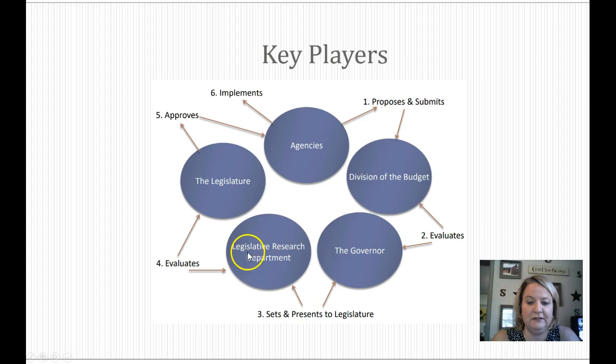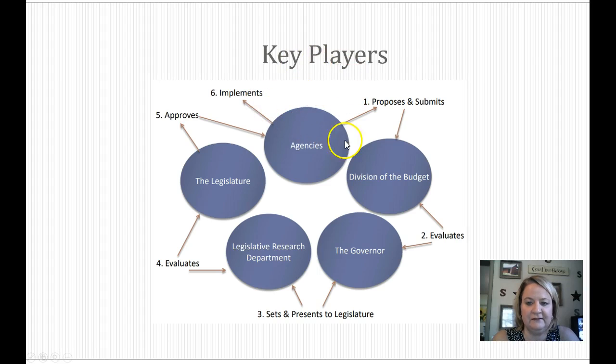Now, in between here, the legislative research department and the governor both have questions for the Division of Budget, who in turn comes back to the agencies with questions. So this is a circle. The legislature also comes back and asks questions. So once it's approved, then it goes back to the agencies to implement the budget.